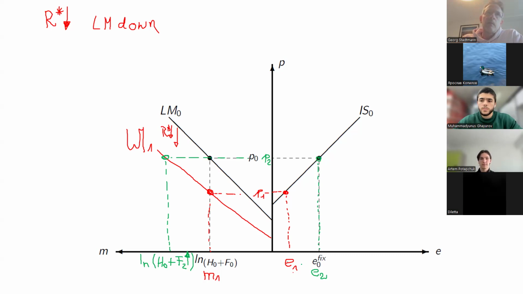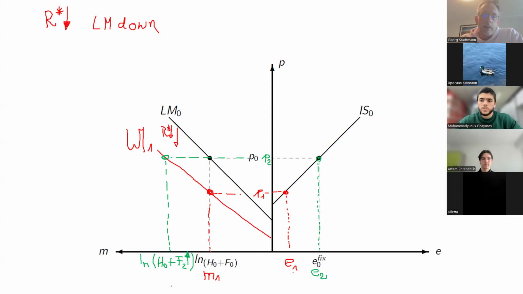So the central bank has to print new domestic currency, walk over to the foreign exchange market, buy foreign currency and sell with freshly printed domestic money. So domestic money in circulation will increase.